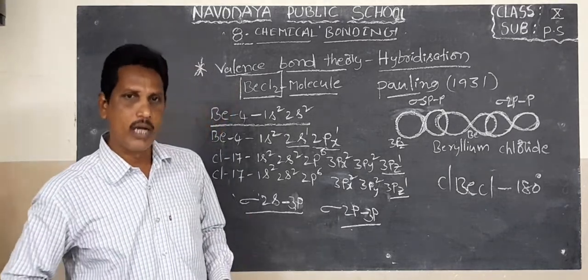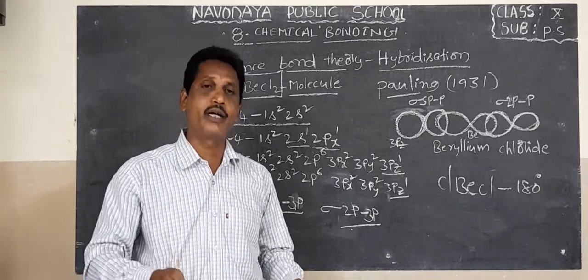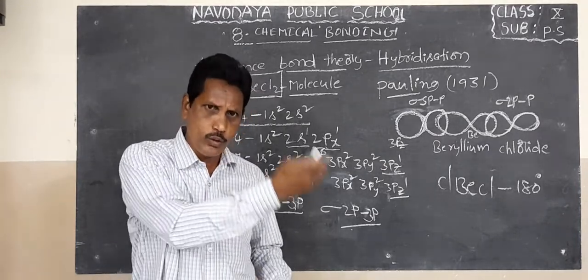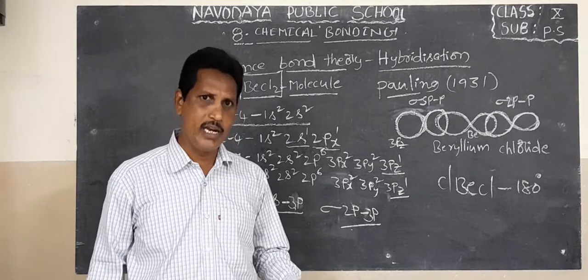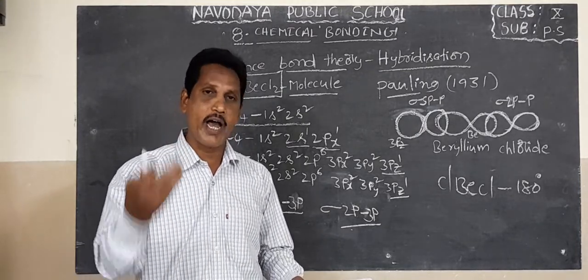In beryllium, the outer shell is the second shell, and there is a reshuffling or redistribution of electrons from 2s to 2px into the same number of orbitals.